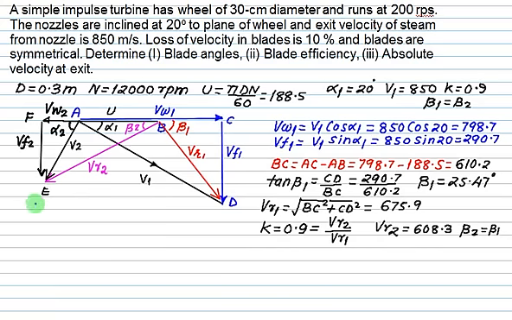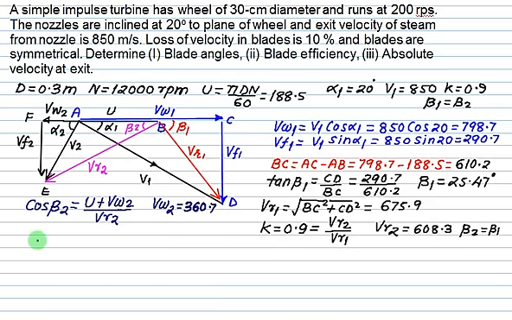To find the value of Vw2, we'll use cos beta 2. So what is cos beta 2? Cos beta 2 is adjacent, which is the sum of U plus Vw2, divided by VR2. Beta 2 is the same as beta 1, U equals 188.5, and VR2 is equal to 608.3. So you can calculate Vw2.